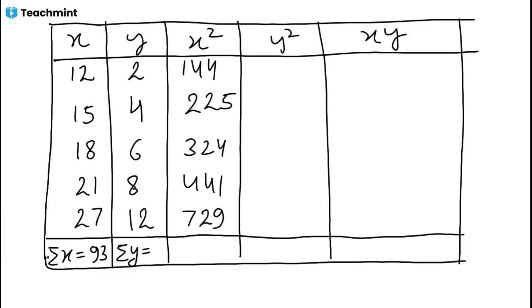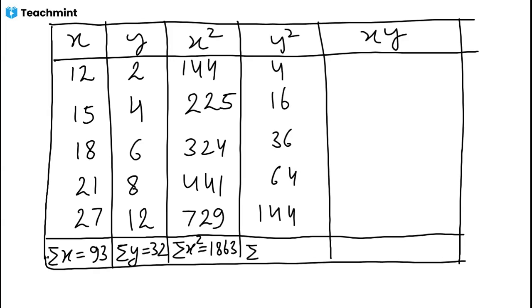Summation x is equal to 93. Summation y is equal to 32. Summation x square is 1863. For y square, we have the square of 2 is 4, then 16, 36, 64, and 144, and summation y square is equal to 264.